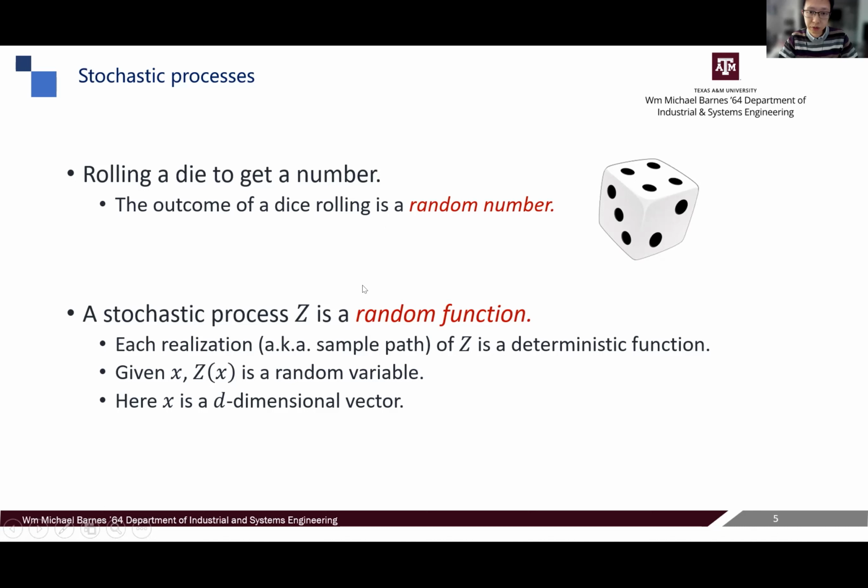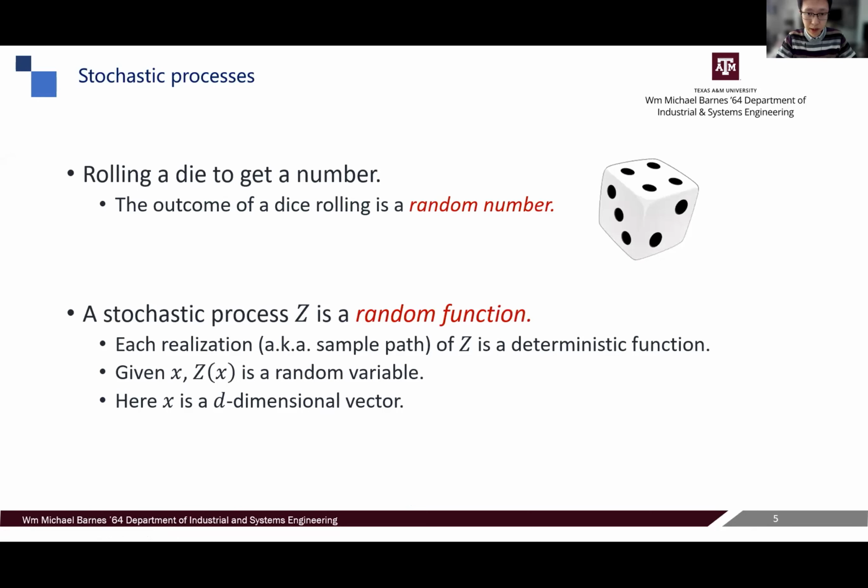Basically, you can think that each realization of this random function is a deterministic function. It's just like when you roll a dice, each time you see a number. Right? So this number is a realization of this random variable. And if you realize a random function, each time you get a deterministic function.